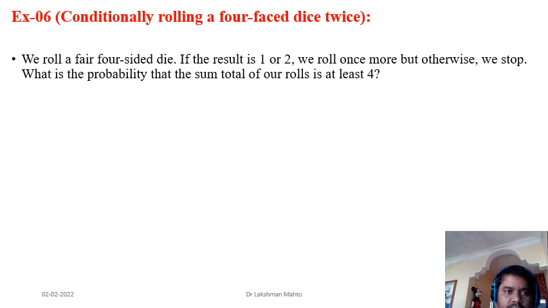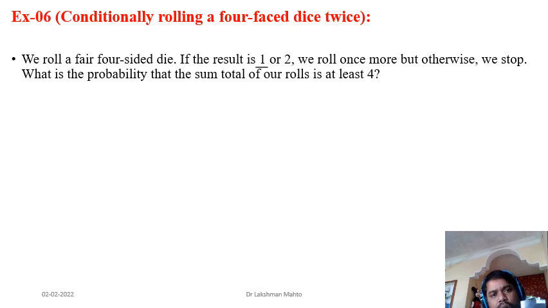So you roll a four-sided dice. If the result is 1 or 2, we will roll that dice one more time. Otherwise, we will stop. What is the meaning of that?